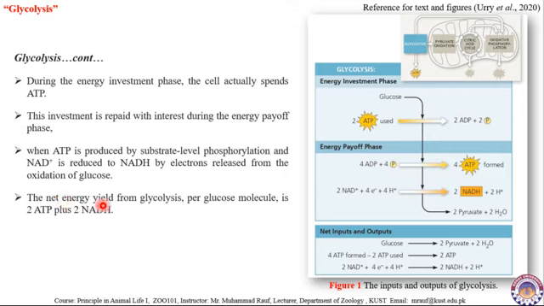The net energy yield for glycolysis per glucose molecule, meaning a single glucose molecule entering into glycolysis, is 2 ATP molecules plus 2 NADH molecules plus 2 water molecules and 2 pyruvate molecules, each having 3 carbons. The 10 steps of the glycolytic pathway are shown in figure 2.